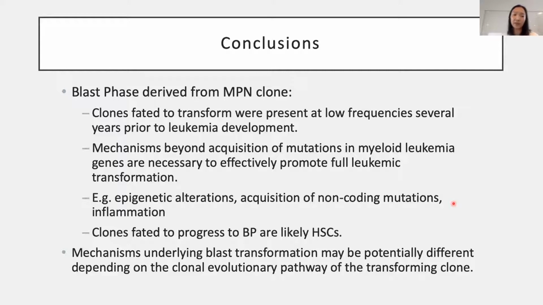These other mechanisms may include and are not necessarily restricted to epigenetic alterations, acquisition of non-coding mutations, and inflammation. And we also show that clones fated to progress to blast phase are likely HSCs. We also see that there are suggestions that mechanisms that underlie blast transformation may be potentially different depending on the clonal evolutionary pathway that is used by the transforming clone.